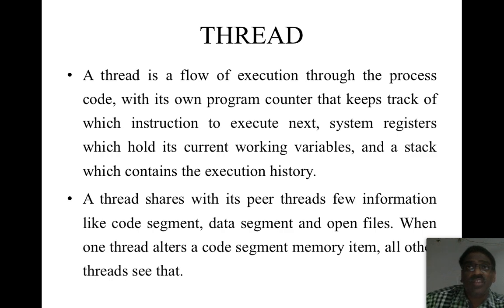Between the process and threads, there are four types of relationships: one to many, many to many, many to one, and one to one. Most of the time one to one will not be there. One to one means one process, one thread.